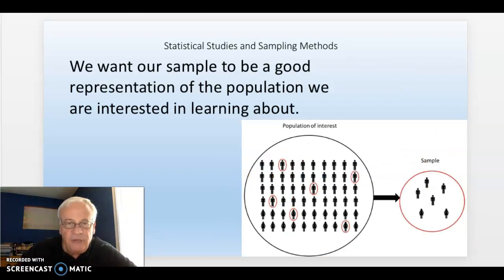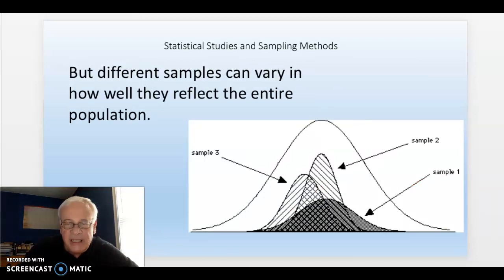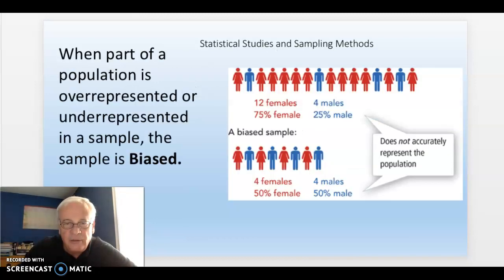We want it to be a good representation of the population we're interested in learning about. We have to be careful because samples can vary in how well they truly reflect the entire population that we're trying to learn about. Sometimes our sample can be underrepresenting or overrepresenting a certain part of the population, so it throws our sample off a little bit.